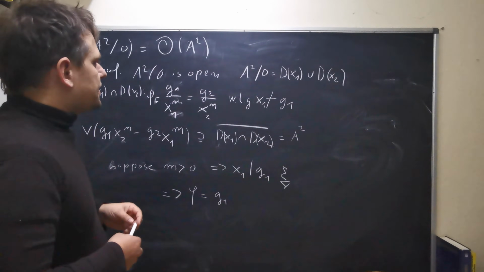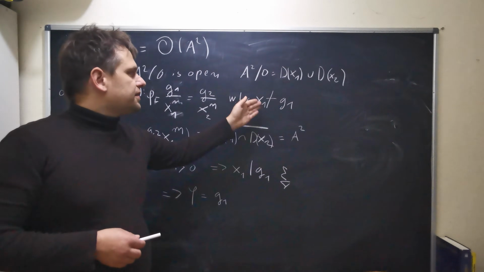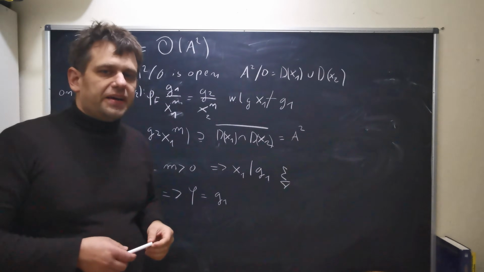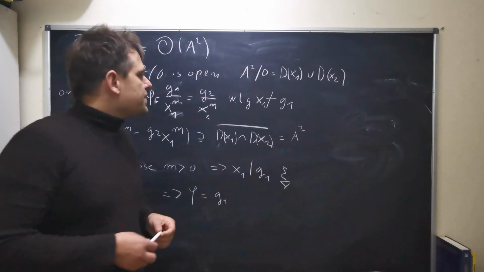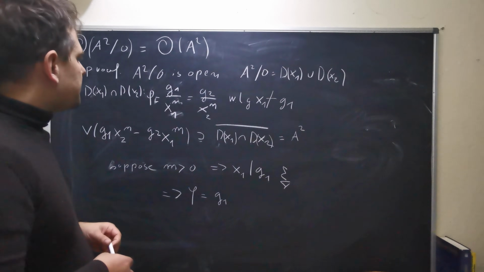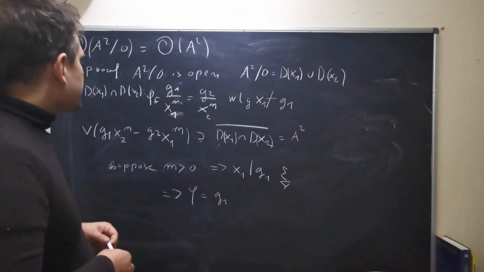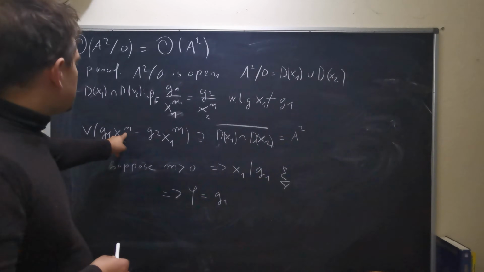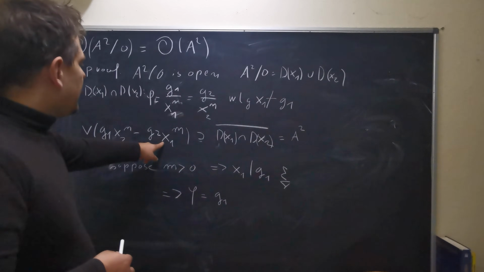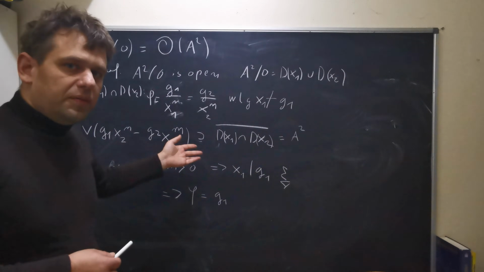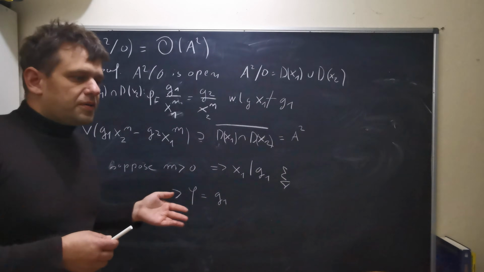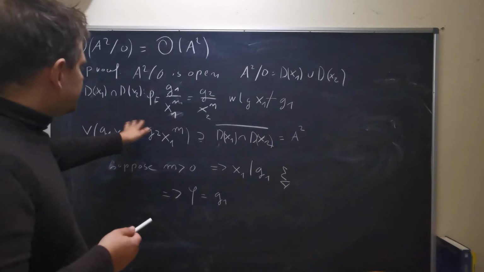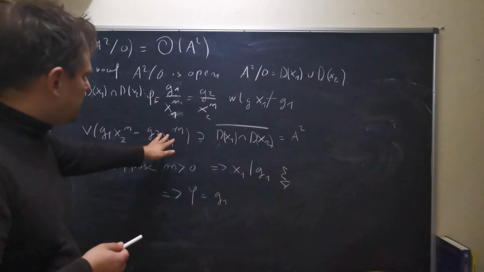Then we can, without loss of generality, assume that x1 doesn't divide g1, and this means that g1 x2 to the n minus g2 x1 to the m is 0. But let's look more generally at the set V of this. So this is the vanishing set of this polynomial.